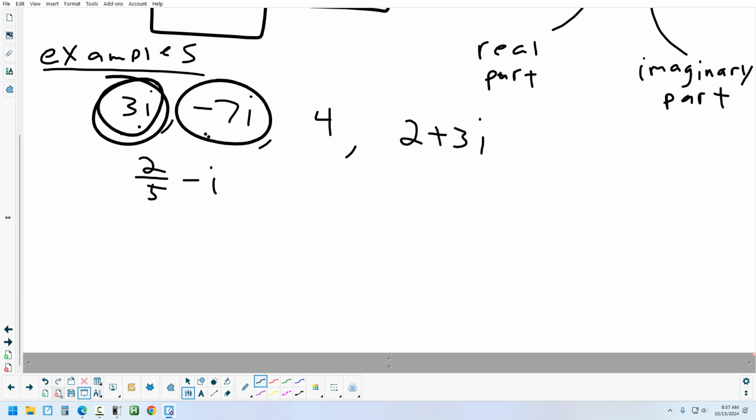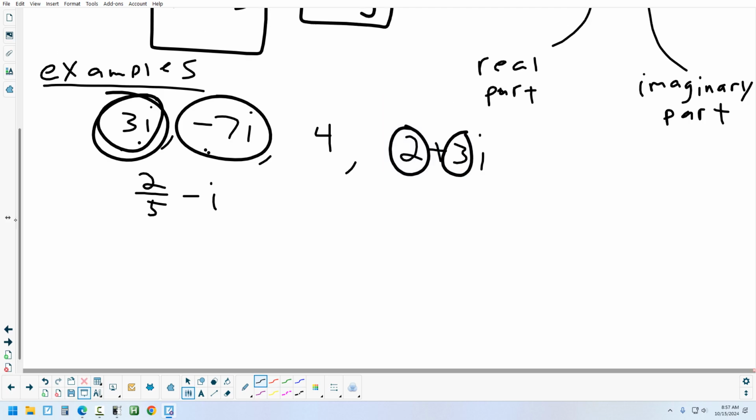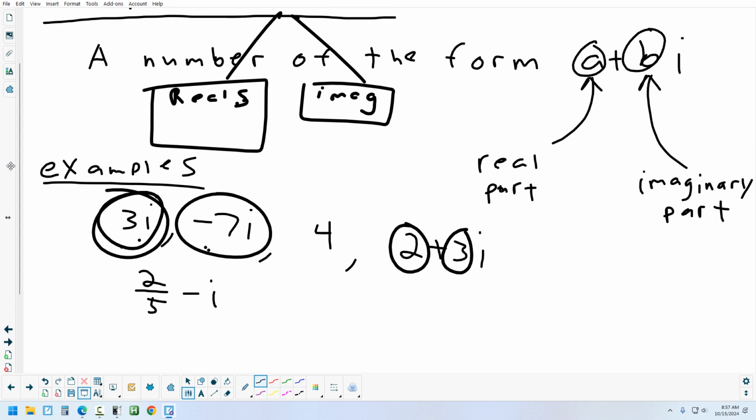So looking at 2 plus 3i, 2 is the real part, 3 is the imaginary part. The imaginary part is just the number in front of the i. The i is just there to tell you what's in front of it is imaginary.